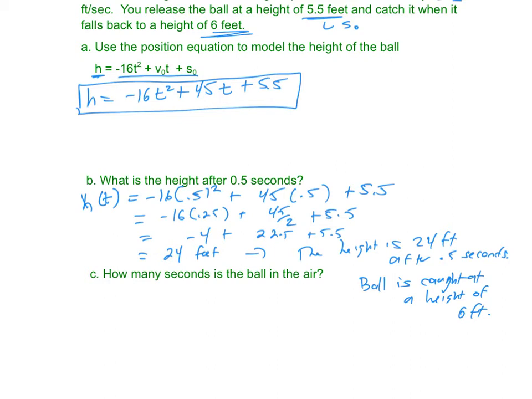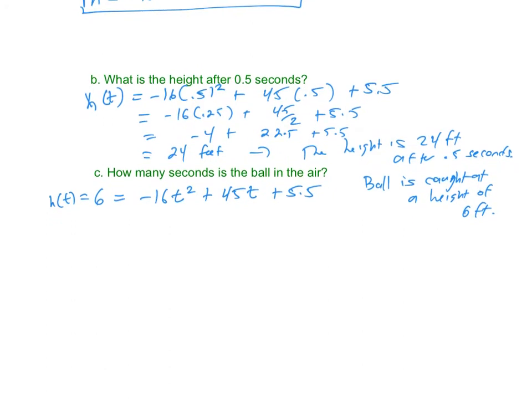Instead, we're trying to figure out the time when the height is 6 feet. So we're going to set h of t equal to 6, and then we'll go back to our original equation, which is negative 16t squared plus 45t plus 5.5. And now this is the quadratic equation that we need to solve.